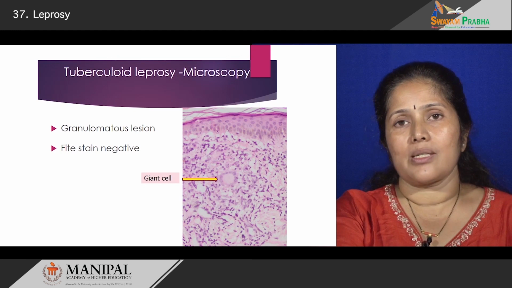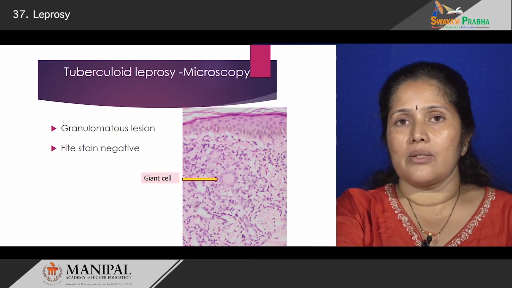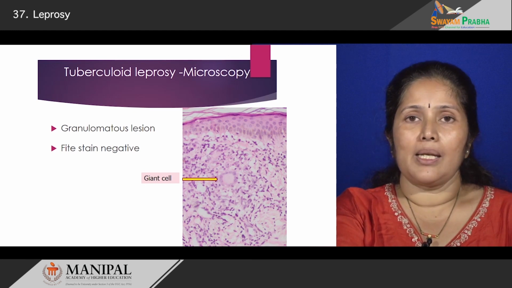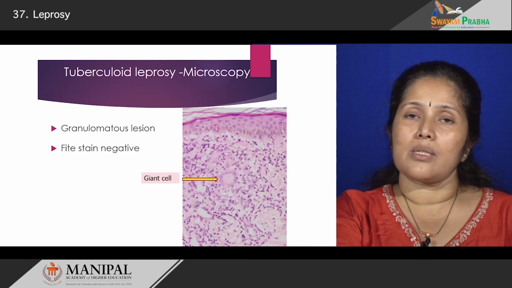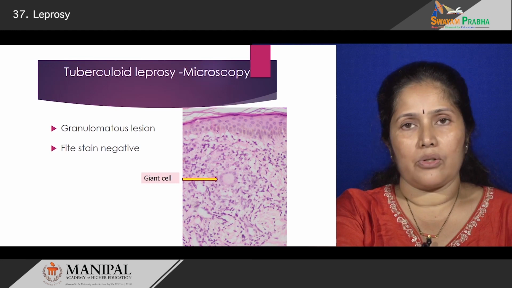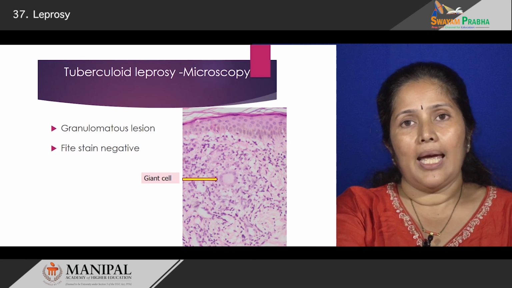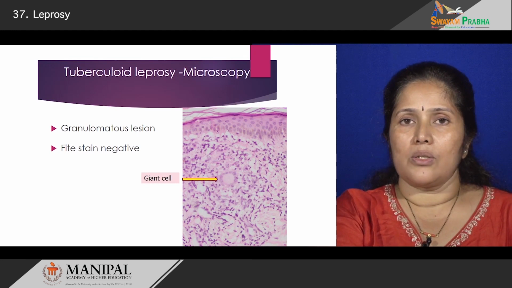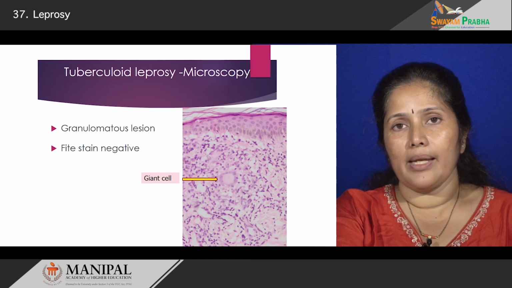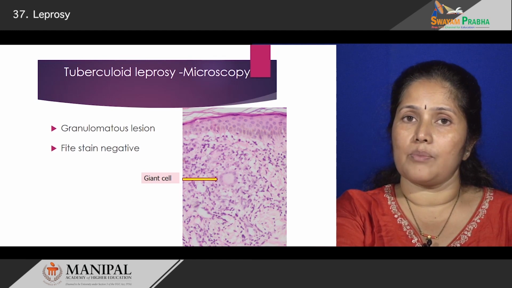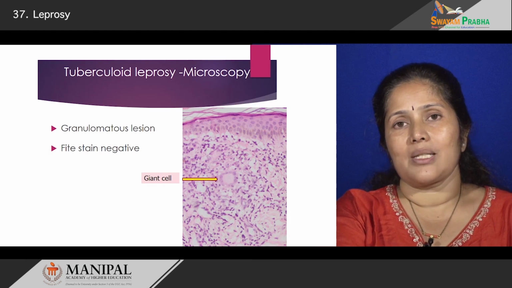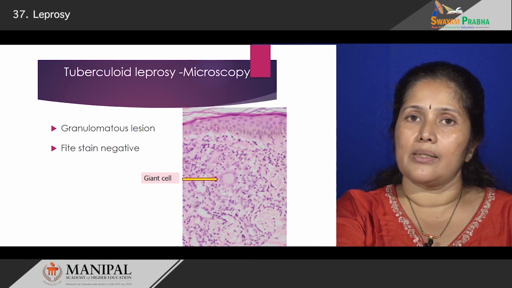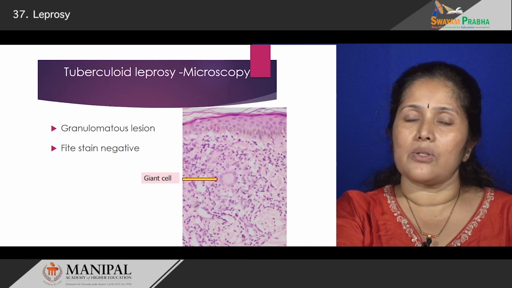From the macrophages it goes via the bloodstream and then disseminates to the cooler parts of the body, and based on the immune response you have a huge spectrum of disease. At one end you have lepromatous leprosy, where there is a poor cellular response, while at the other end you have tuberculoid leprosy, where there is a very good cell-mediated response in the patients.